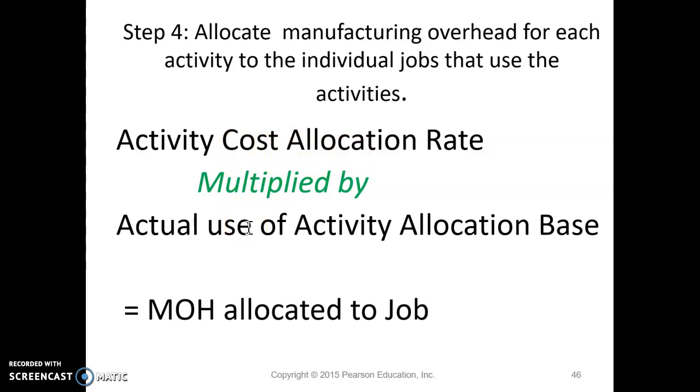For materials handling, we'll take the materials handling activity rate and multiply that by the number of parts used for the job. So for every single activity, we will have the amount of overhead being allocated for that activity, and then we'll add up the overhead allocated for each activity, and that'll give you the total manufacturing overhead allocated for the job.